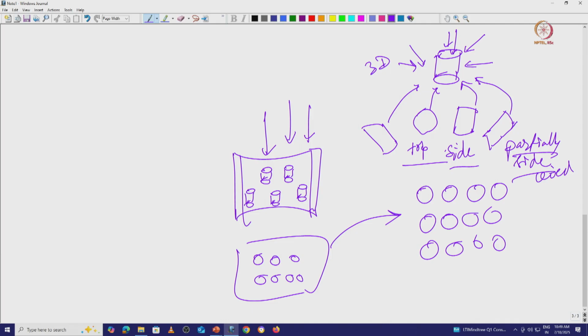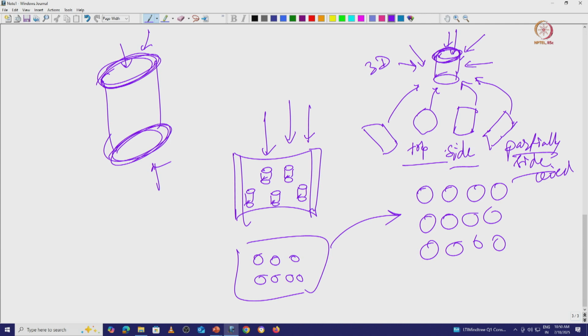When you try to resolve the structure, you can see the top view properly. But what about this particular view? When you are getting the top view only, you may resolve this particular part, or you can resolve the bottom part also, because you cannot distinguish which one is top and which one is bottom. But what about the side views? The side view will be completely missing.